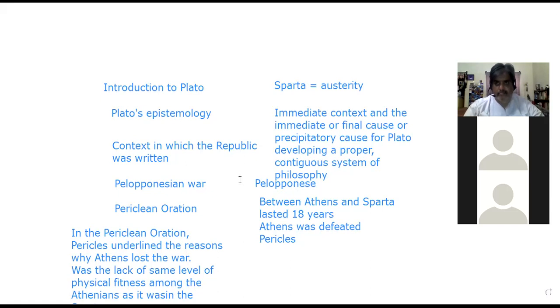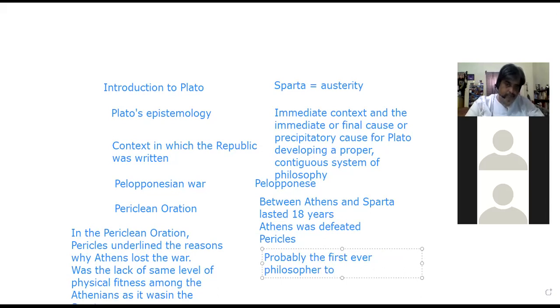Okay, so Plato is probably the first ever philosopher to give a central place to education in his philosophy.